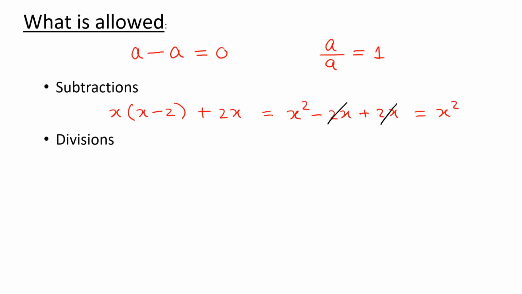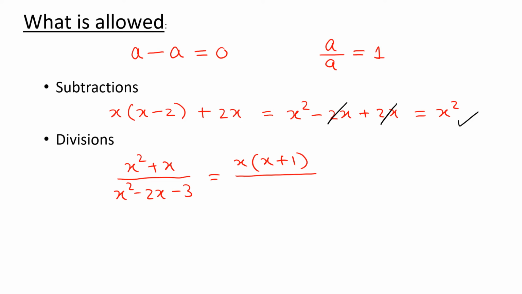So this is valid. And how about this one? Under division, let's say you have x squared plus x divided by x squared minus 2x minus 3, something like that. What is not allowed is that you cannot cancel x squared with x squared. What we are going to do is factor the top. You get x times (x plus 1) from the top.